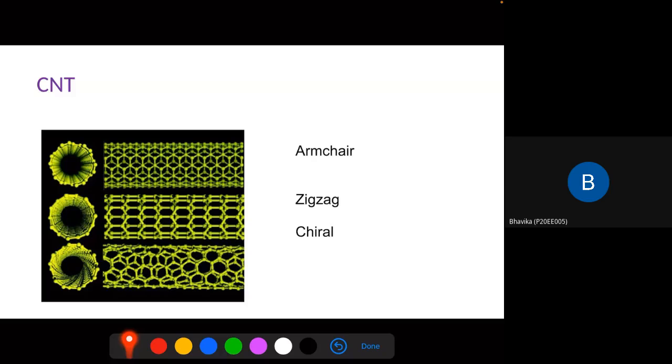You can also prepare using chemical methods like CVD growth, which is a very different way of preparing these carbon nanostructures. If you want, you can grow these carbon nanotubes as well, but the method of synthesis is very different.